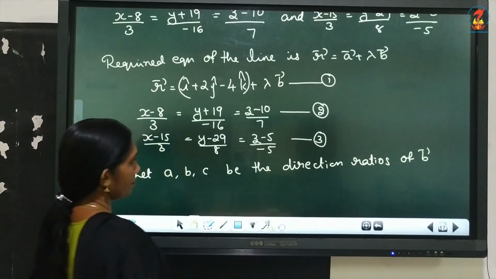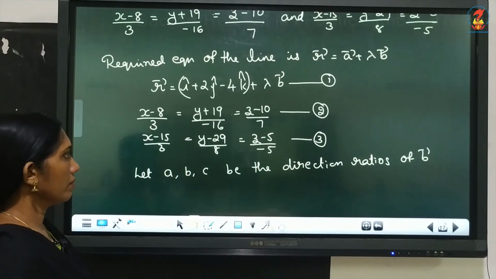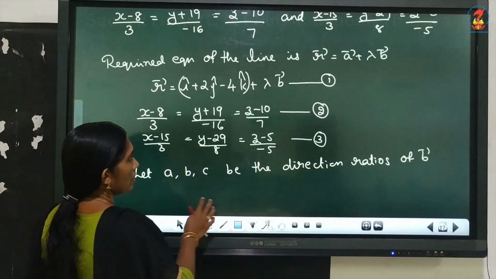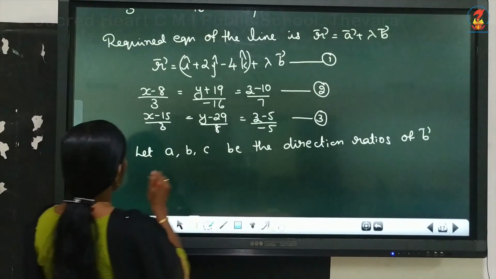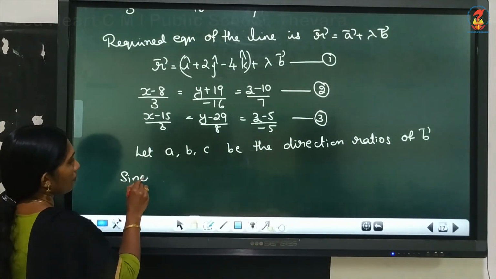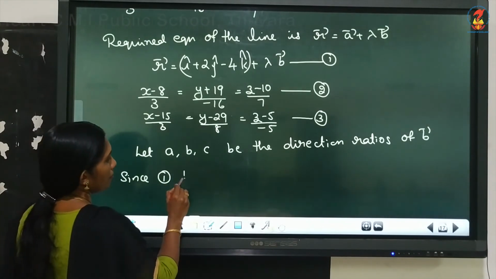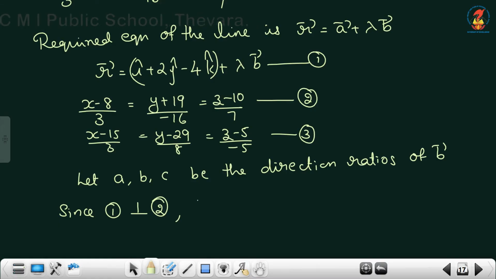Since the first line is perpendicular to the second line, therefore we write a into 3, the denominator part.